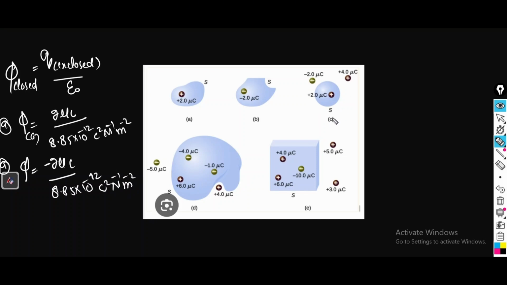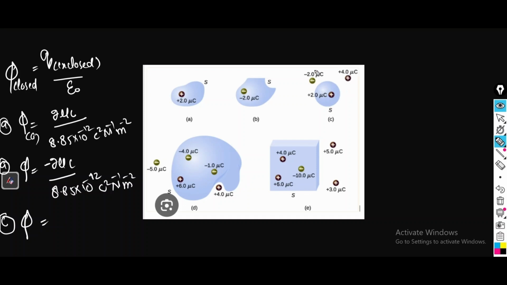Now in the third case, we have three charges: one is this charge, another is this charge, and the other is this charge. In case C, the flux through a closed surface according to the Gauss law is equal to the charge enclosed by this surface. In this case, only this plus 2 microcoulomb charge is enclosed by this Gaussian surface.